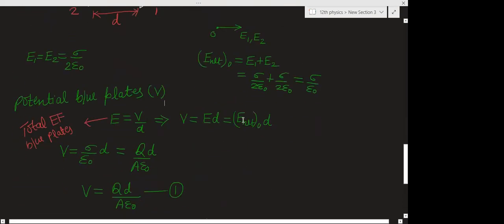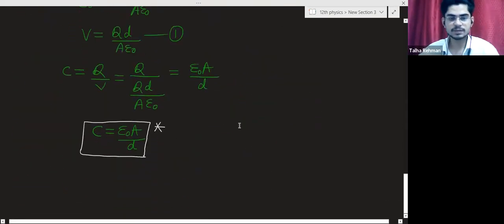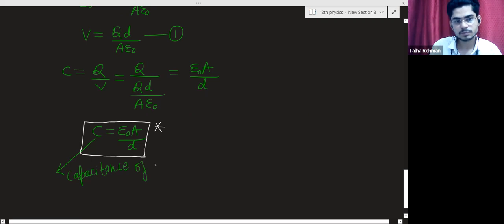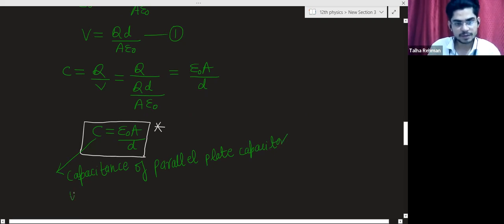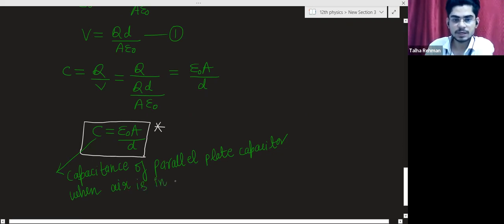Okay. So this is the capacitance of a parallel plate capacitor when air is in between the plates.